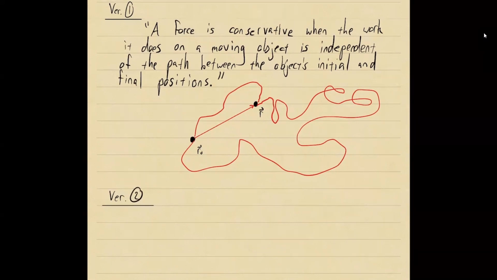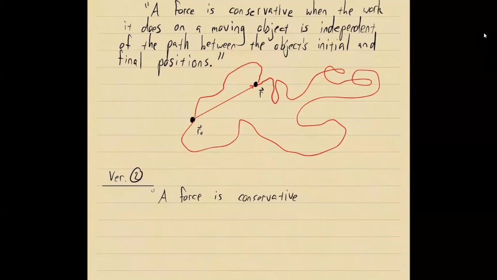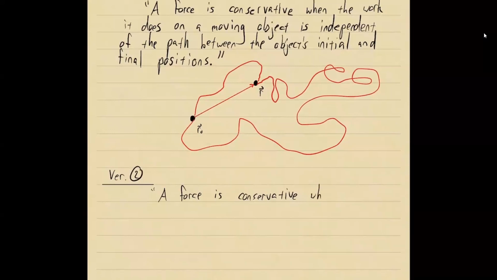So a force is conservative when it does no net work on an object moving around a closed path.